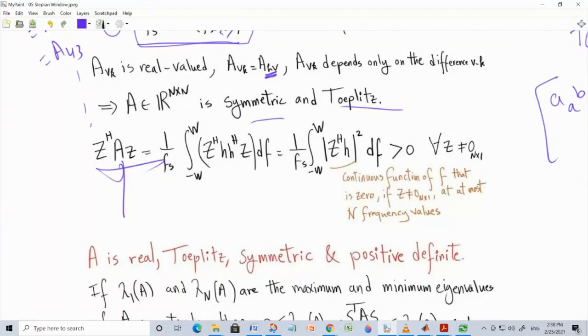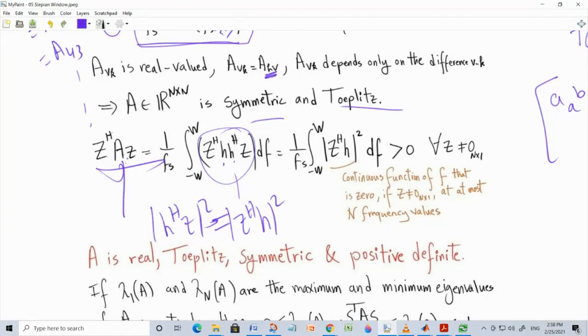Then basically Z Hermitian H, H Hermitian Z, that is basically Z Hermitian H squared or H Hermitian Z squared, regardless of whether you write it like this or that. This is a magnitude squared of a complex quantity, and so this thing is real valued and non-negative. So matrix A is positive semi-definite, because for every Z in the n-dimensional space, Z Hermitian AZ is non-negative. And so it is a positive semi-definite matrix.